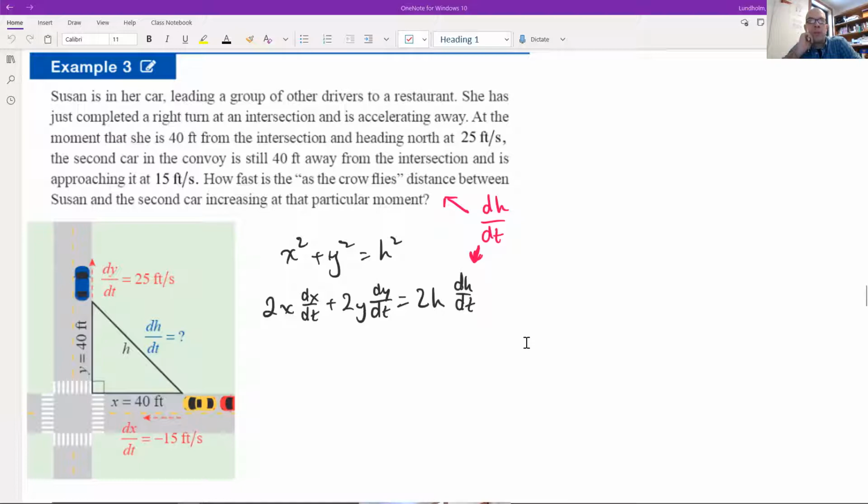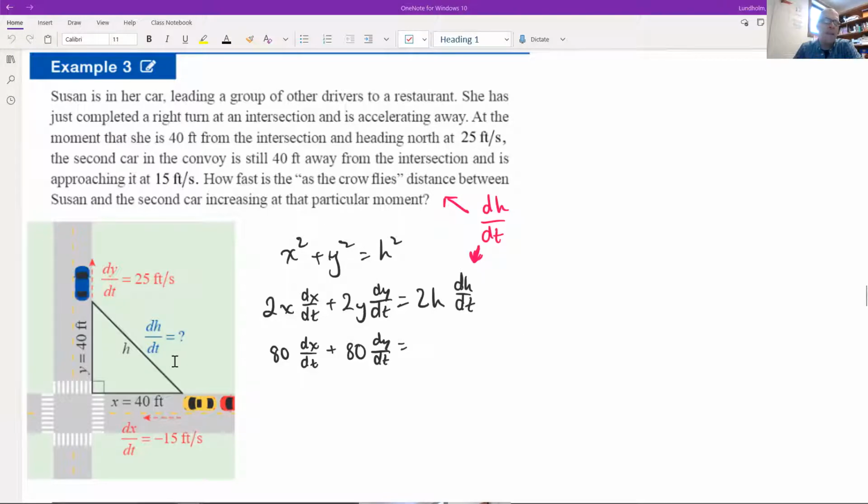I think we do. x and y are both 40 feet. So I'm going to go ahead and write 2 times 40 in both places as 80. I'll leave dx/dt there for now, so we're not super confused. We can handle the dt stuff in the next step.